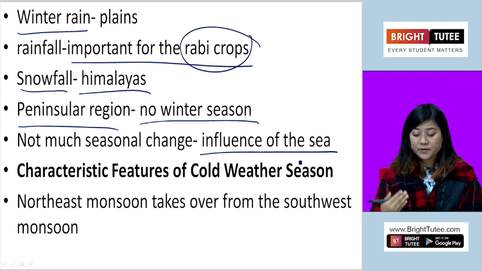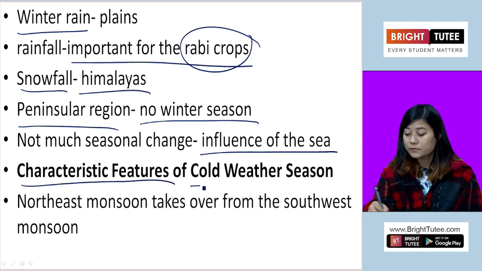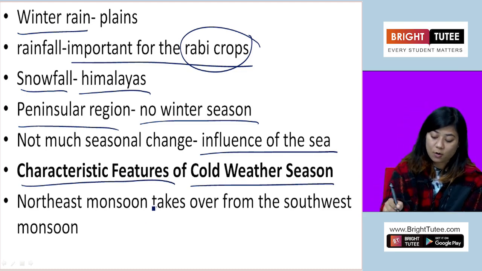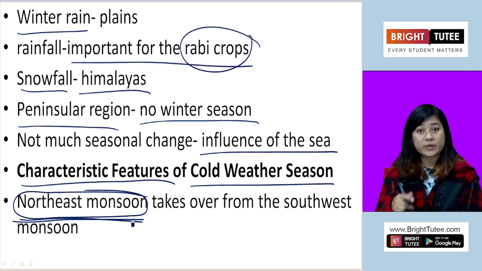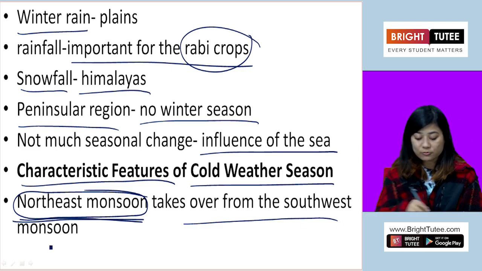Alright, so as we finish learning about it, now let us quickly look at the main characteristic features of the cold weather season. During the cold weather season, the monsoon wind, which is called the northeast monsoon wind, becomes very important. It takes over from the southwest.